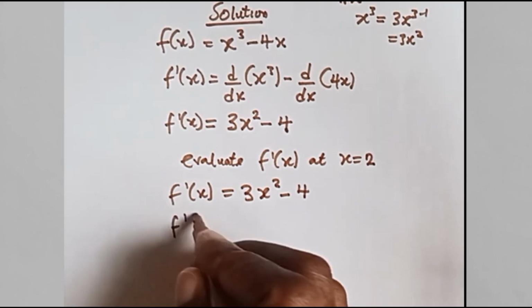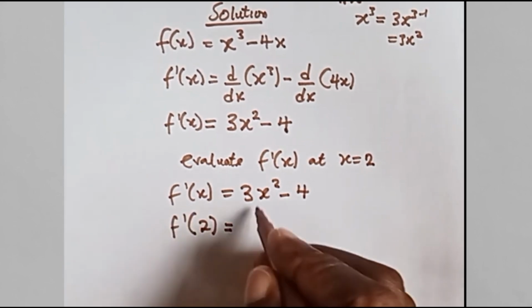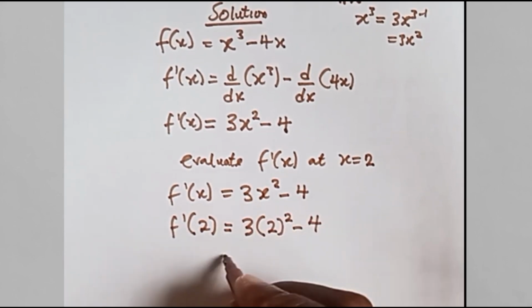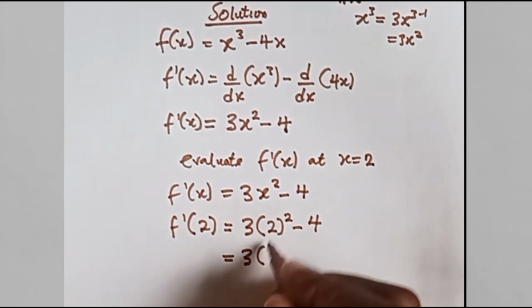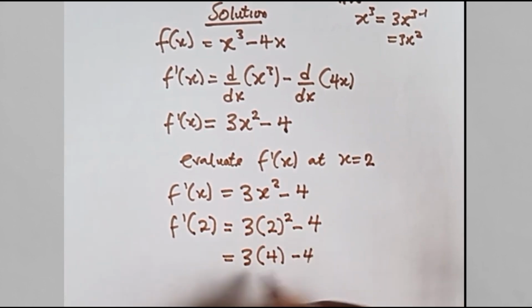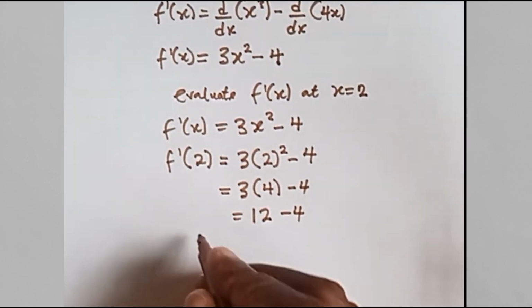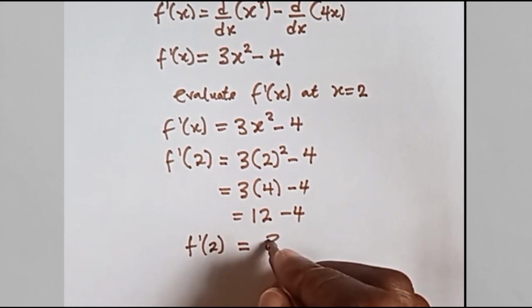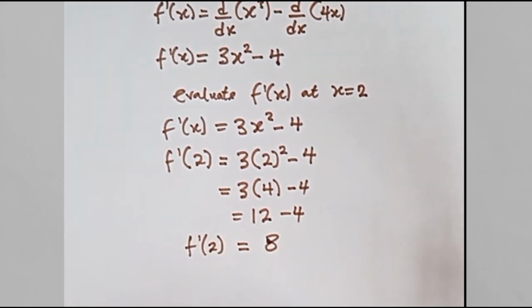When x equals 2 now, we have 3 times 2 raised to power 2 minus 4. 2 raised to power 2 gives us 4, so that is 12 minus 4. 12 minus 4 gives us 8. That means the slope of that graph at x equals 2 is 8, and this is our final answer.